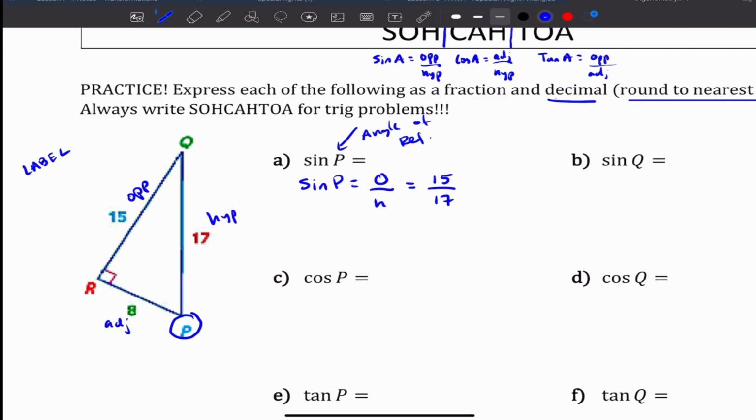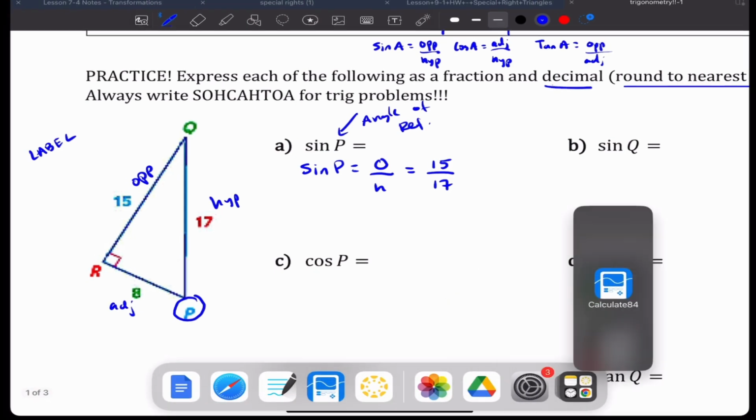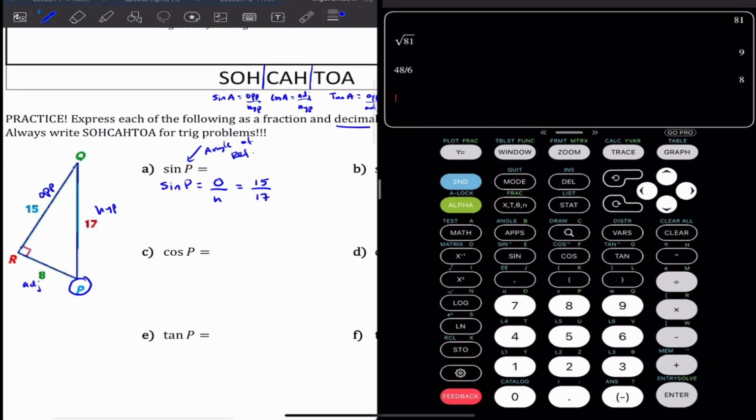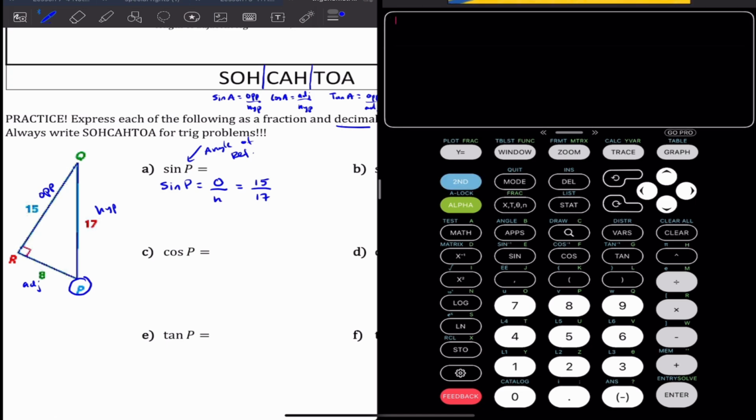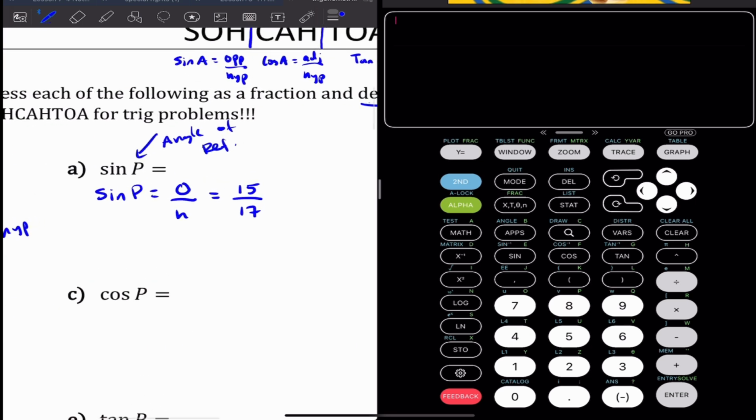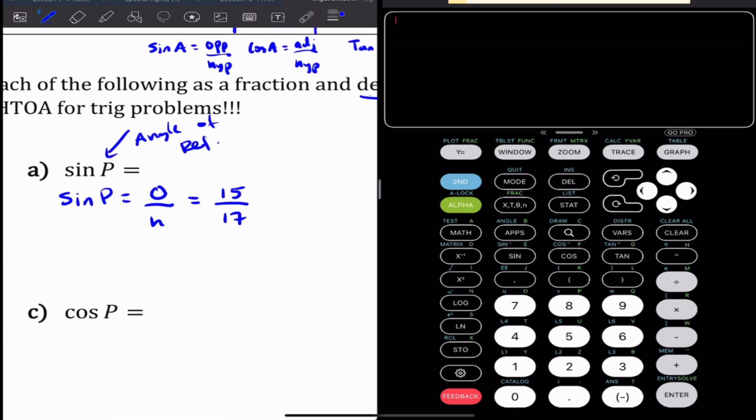So using my calculator, I highly encourage you to download Calculate 84. I'm going to clear the memory right now. I'm going to put 15 divided by 17. And 15 divided by 17 is 0.8823.